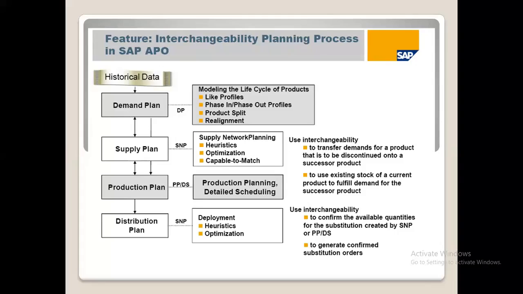With these integrations only, SNP is going to perform planning with these engines. Okay. Use interchangeability to transfer demand for a product that is to be discontinued onto a successor product, and to use existing stock of the current product to fulfill the demand for the successor product. Like this.